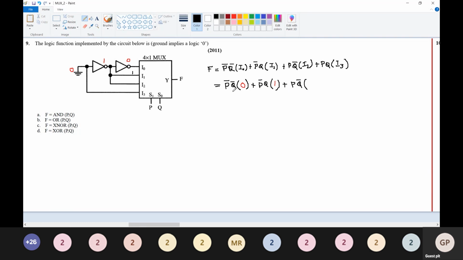I2 is also equal to 1. Finally, PQ. What is your I3 value? I3 value is connected here, that is nothing but 0.